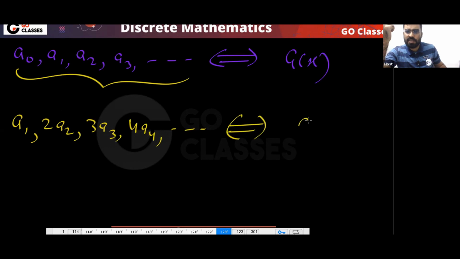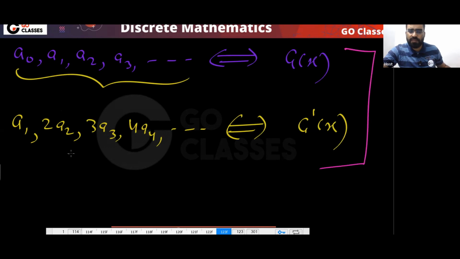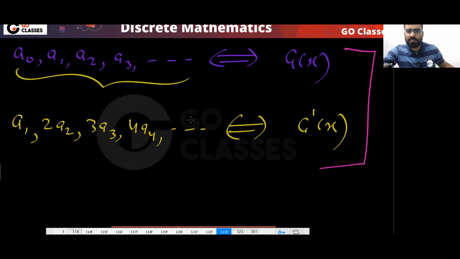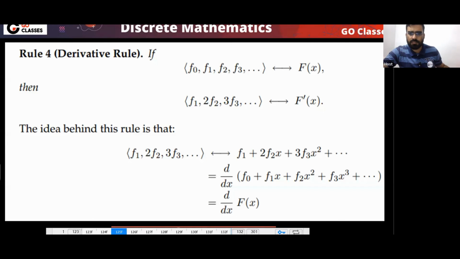For this sequence, the generative function will be g dash x. So you can find it using differentiation. This is the idea.